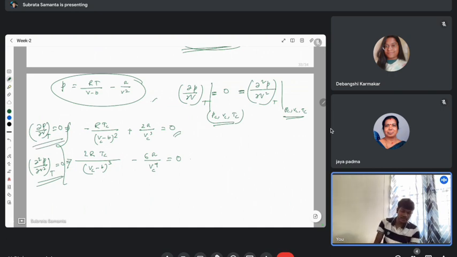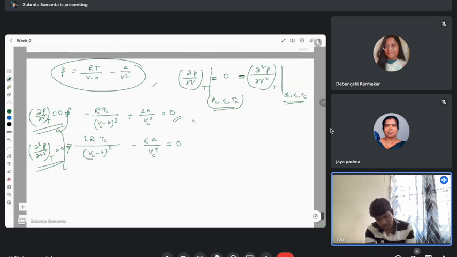So when we write that both are 0, we make sure that we are writing in terms of PC, VC, TC, the point at which we are calculating, and we claim that this is 0. Then after a little algebra, just equating these two, we get RTC equals 2A by VC minus B the whole square by VC cube, right?